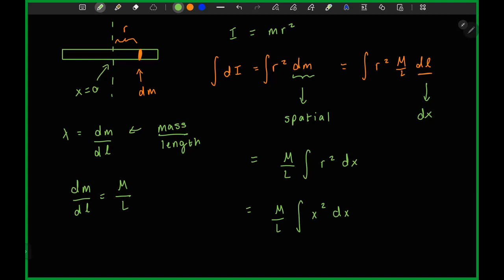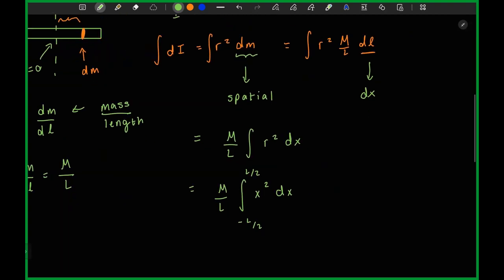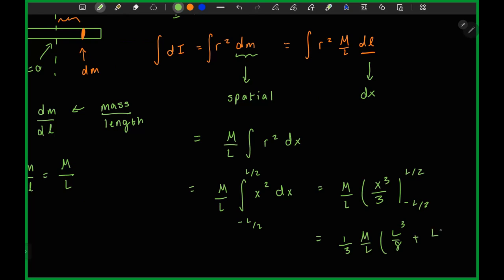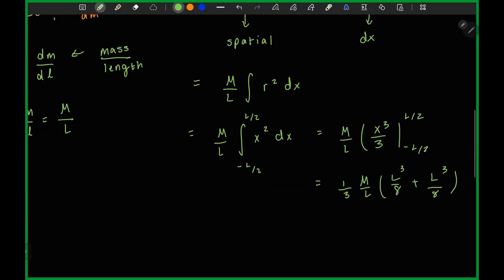And lastly, I can define my bounds of integration to be negative L over 2 to L over 2, since my rod has a total length L. And from there, we get m over L times x cubed over 3, evaluated from negative L over 2 to L over 2, which simply becomes 1/3 m over L times L cubed over 8 plus L cubed over 8, or 1/12 mL squared.